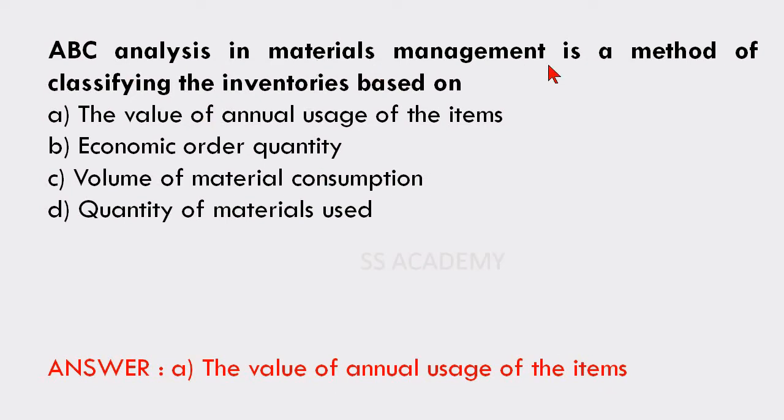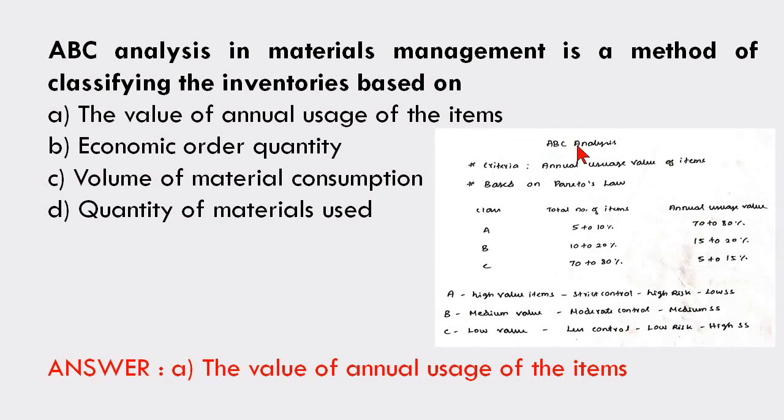So the ABC analysis, the criteria is what? The classification of inventory is based on annual usage value of items. Also I have given for different analysis what are the criteria in the coming slide.